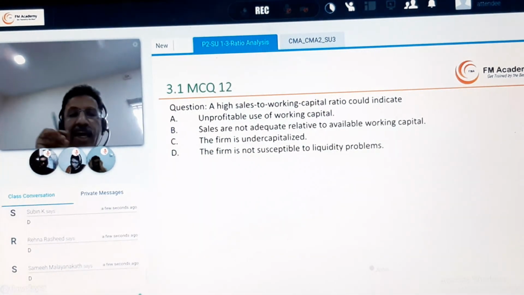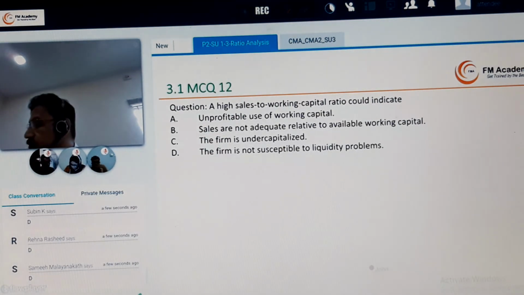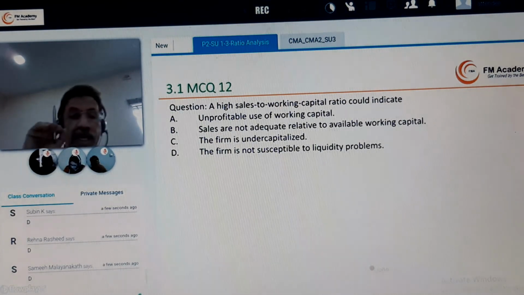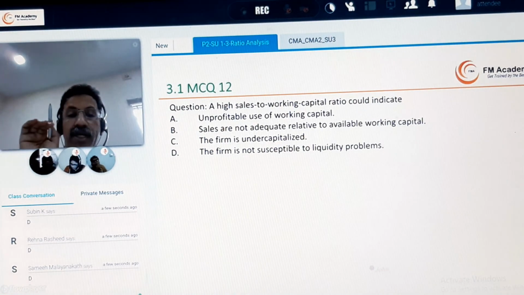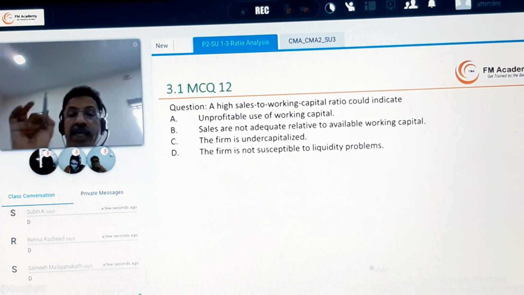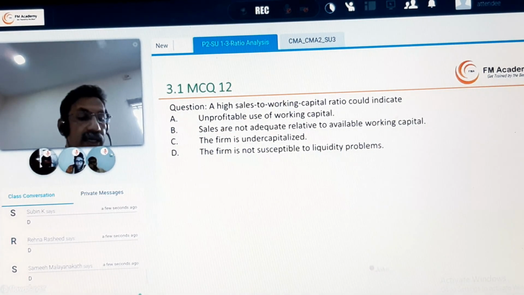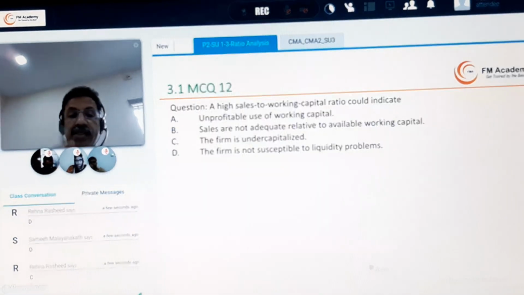Next, a high sales to working capital ratio could indicate what? It's the working capital turnover ratio. Whenever you have a high turnover ratio, what could that indicate? Give your answer in the class conversation, then I will discuss.